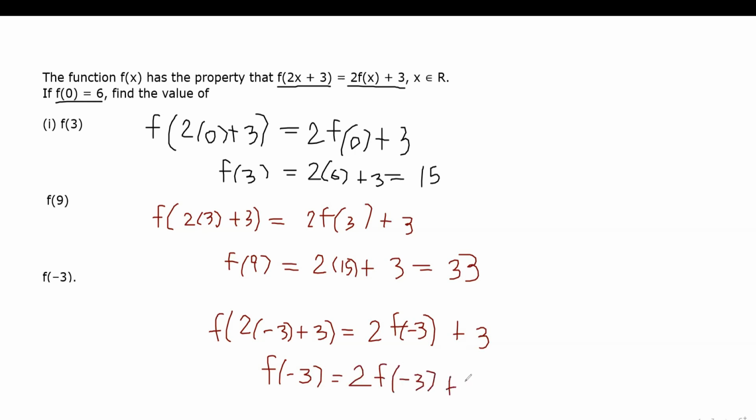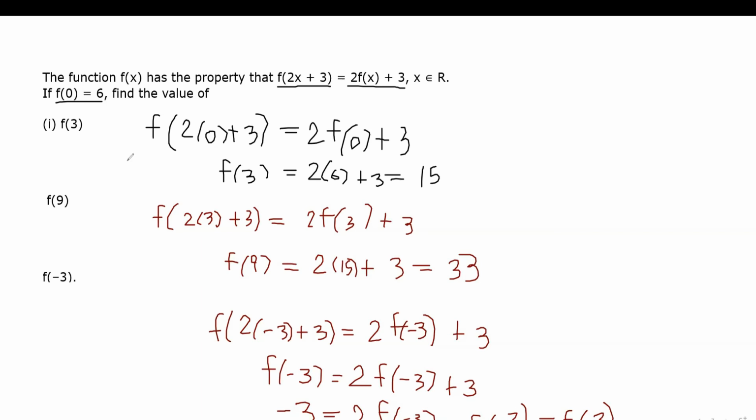If we bring over the f of negative 3 and carry the 3 over, we get negative 3 equal to 2f of negative 3 minus f of negative 3. But that is just f of negative 3. So f of negative 3 equals negative 3. Agree with that? So we're done.